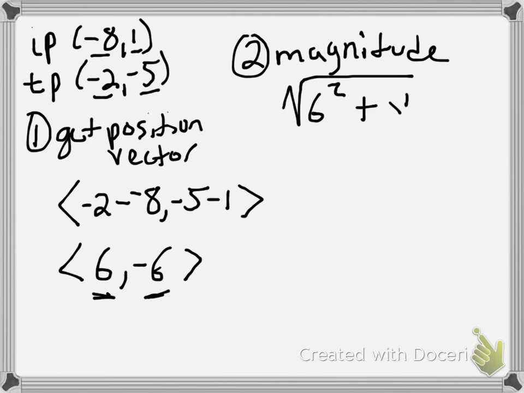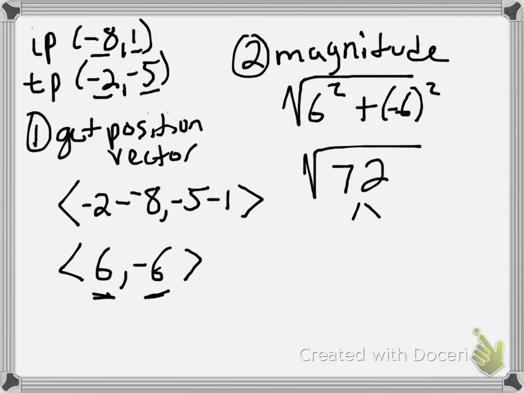So this one's -6 squared. Make sure, especially if your number's negative, that when you square it, you put it in parentheses. If I simplify that, I end up getting the absolute value of 72, which can break down. 72 is the same thing as 36 times 2, and the square root of 36 is 6.